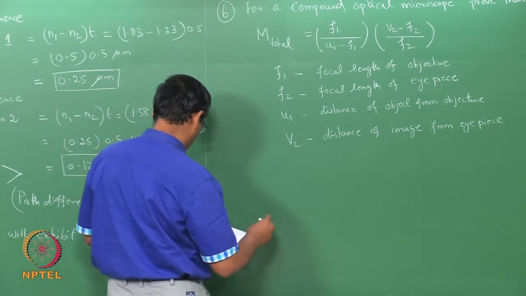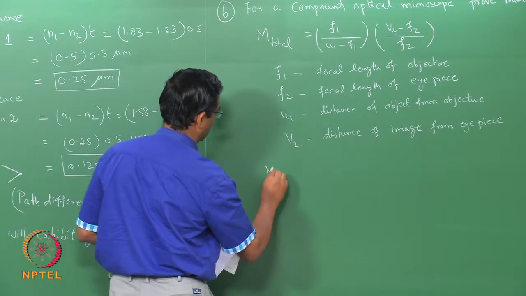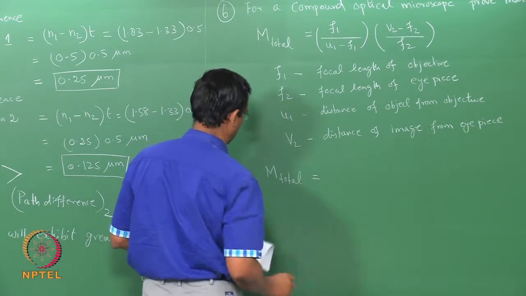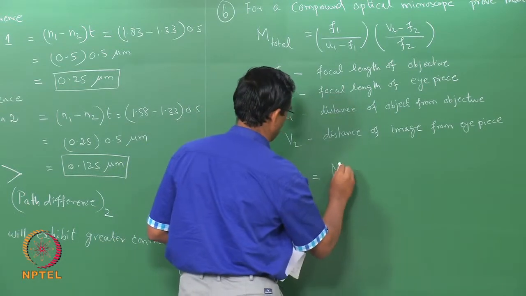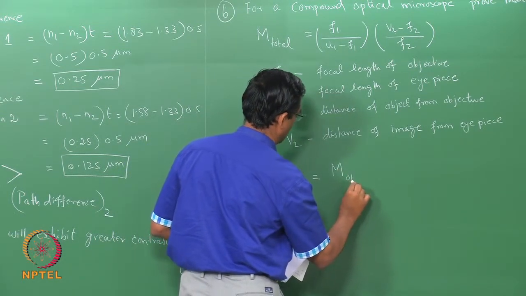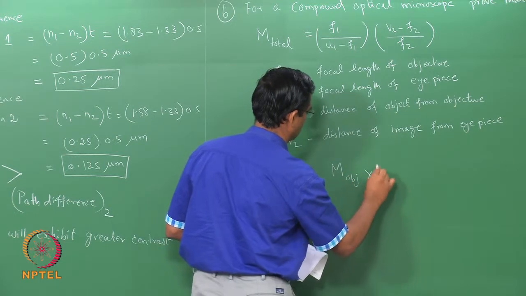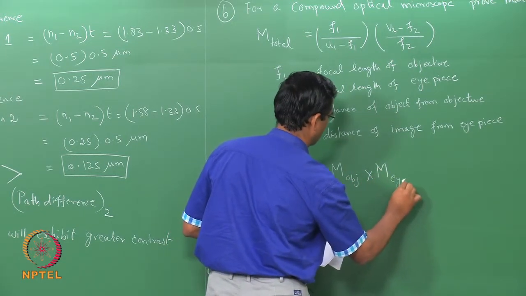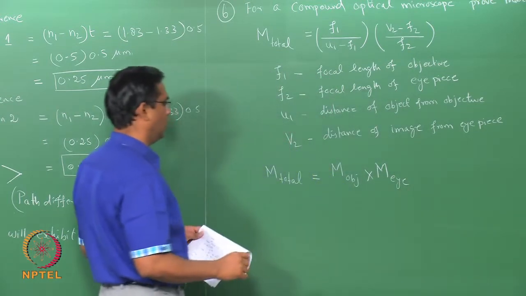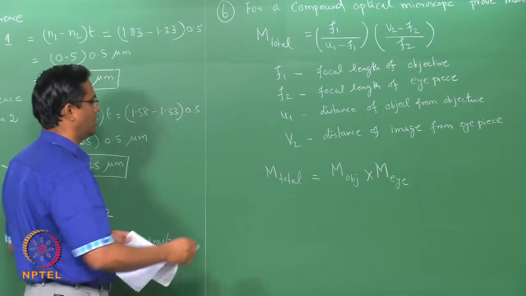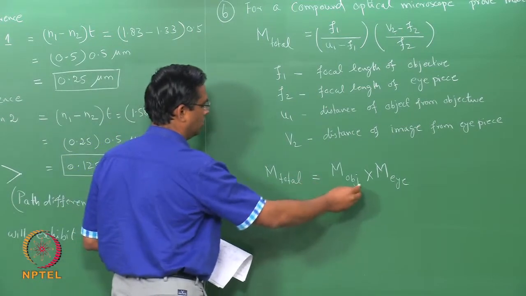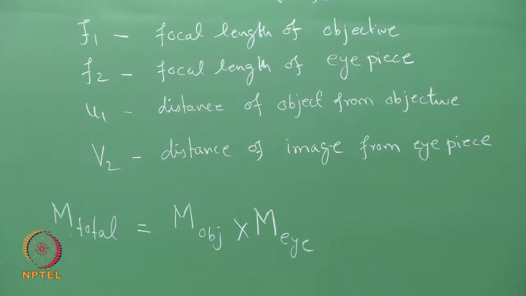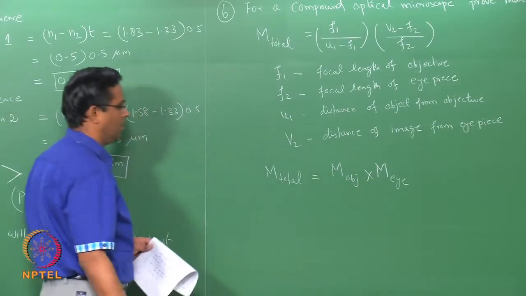The first step: we know M total is equal to the magnification achieved by the objective lens times the magnification achieved by the eyepiece lens.